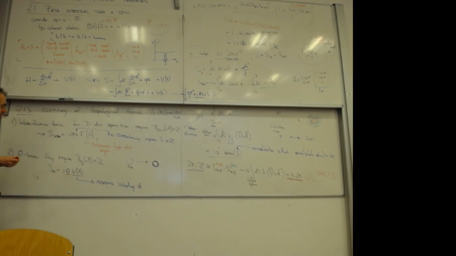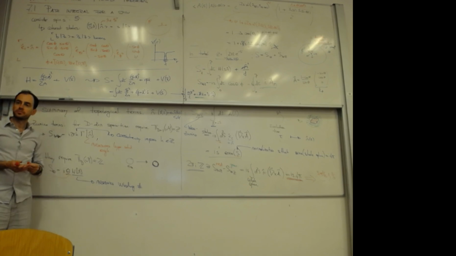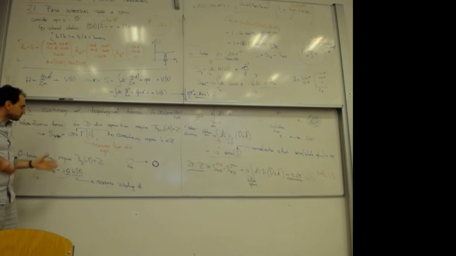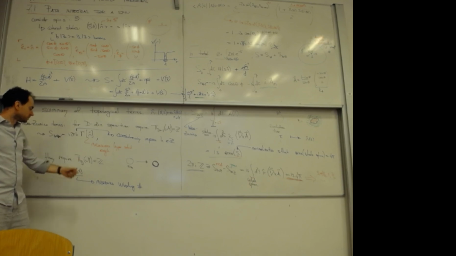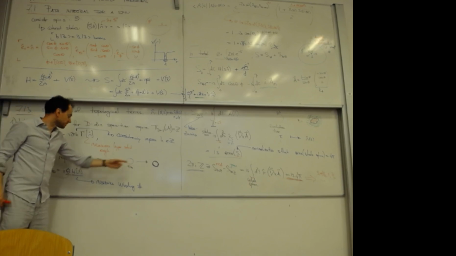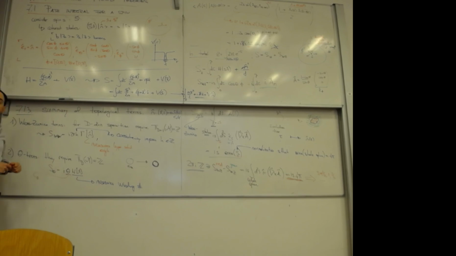It gives a different phase, e to the i theta n, to different sectors with different winding number. For the sector with no total winding, this doesn't contribute at all, it comes with a 1. If I have one wrapping, it comes with e to the i theta, etc. And that might actually lead to destructive interference of different topological sectors. Okay, that's essentially what it is.